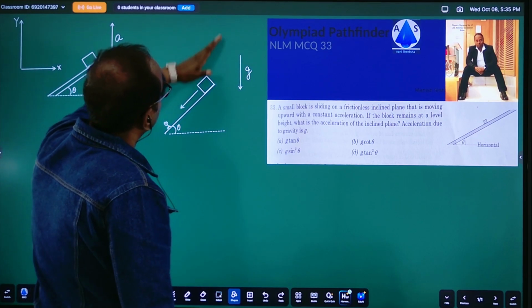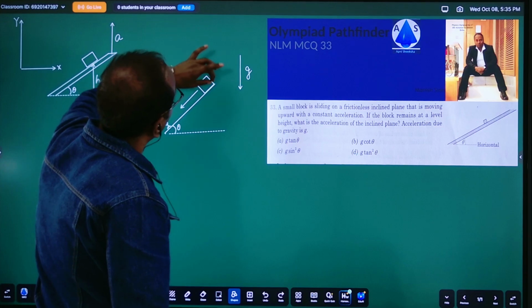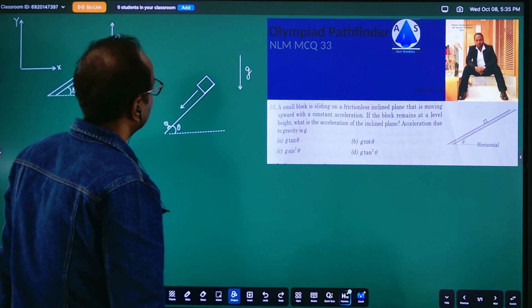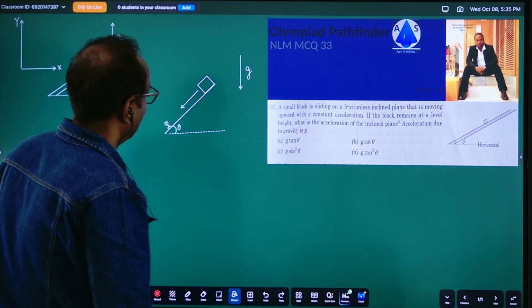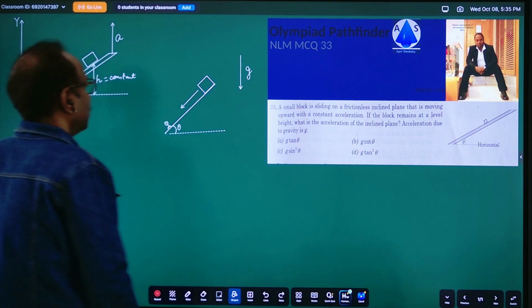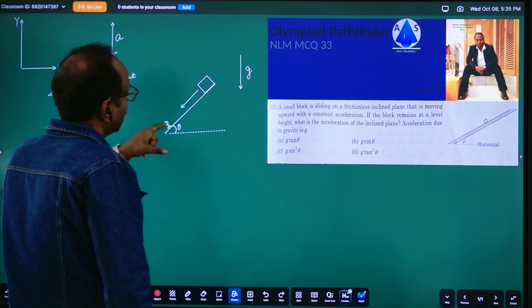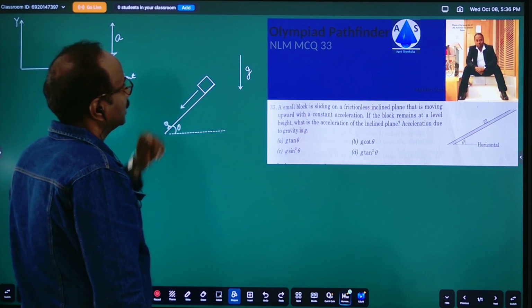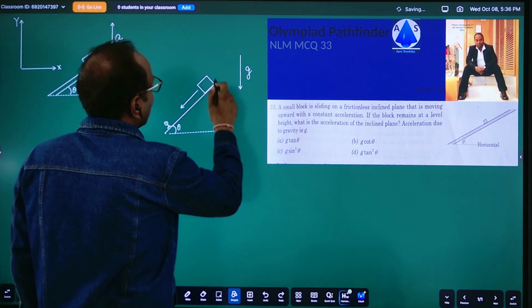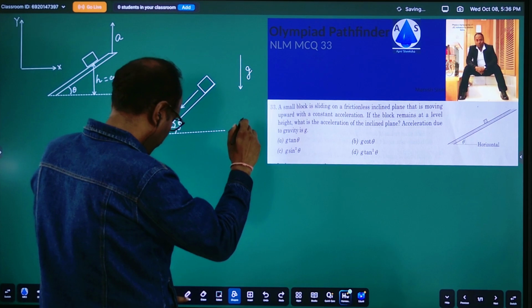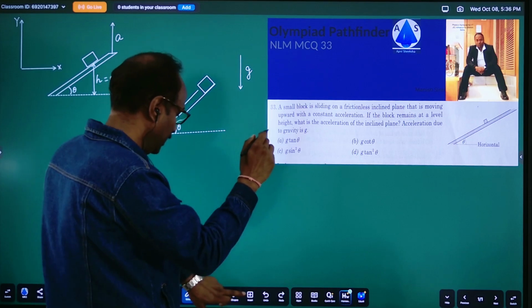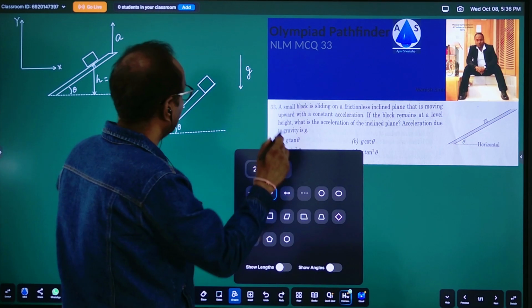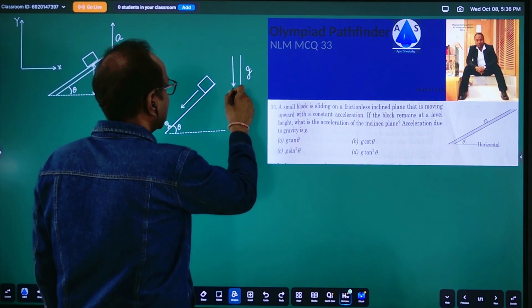Since the inclined plane is moving with an acceleration in the upward direction, from the pseudo force concept, when we are observing from the frame attached to the inclined plane, this block will experience an acceleration g and an acceleration a in the downward direction.